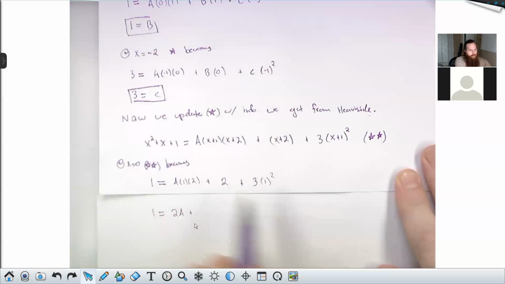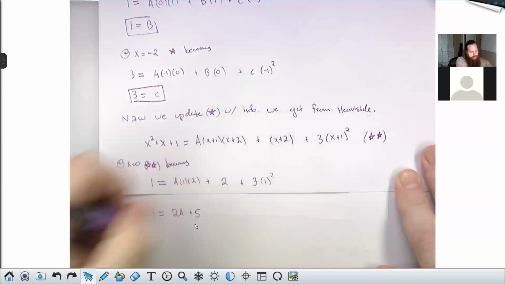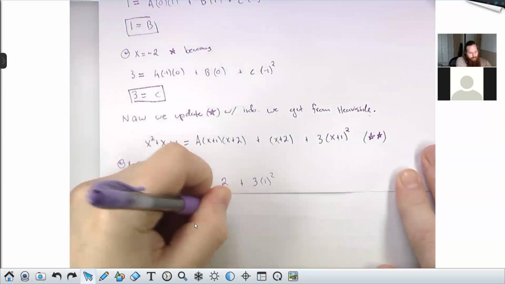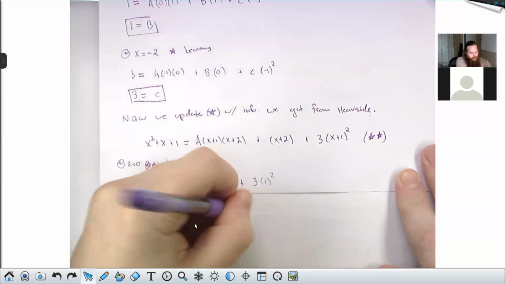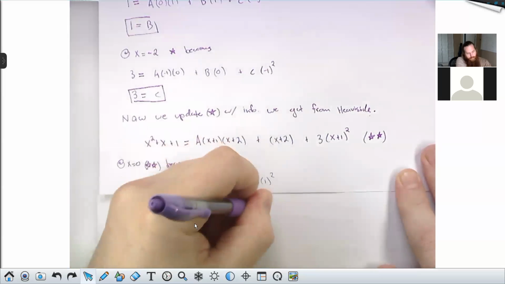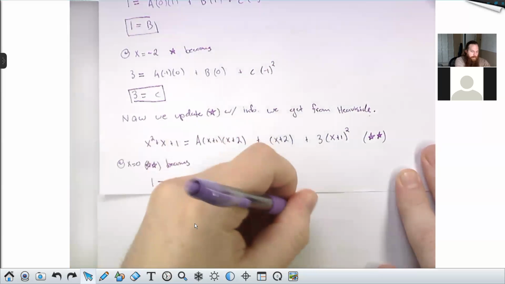Well, this is 2, this is 3, so 2a plus 5, which implies that 2a, subtracting this over, is equal to -4, which implies that a has to be -2.